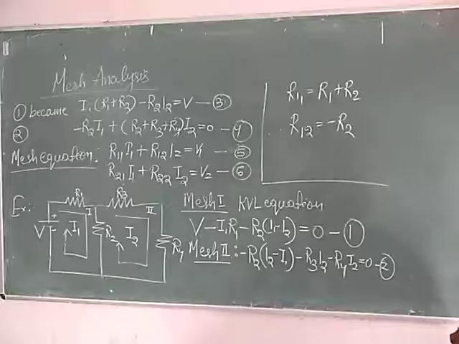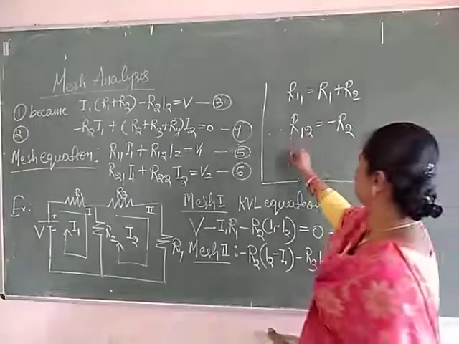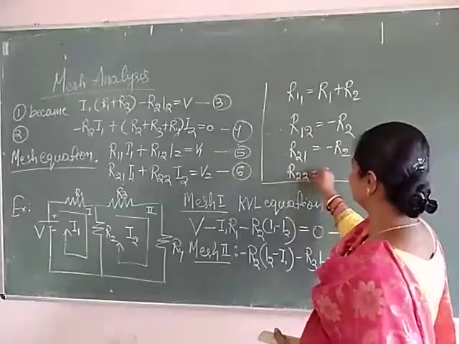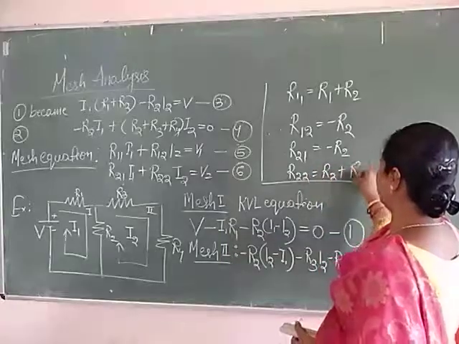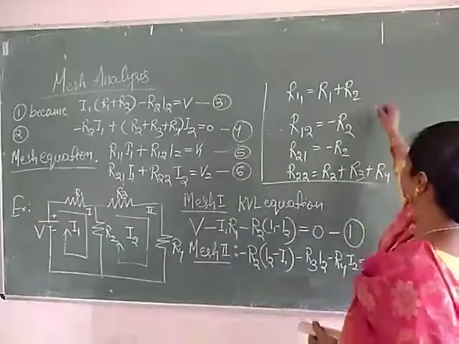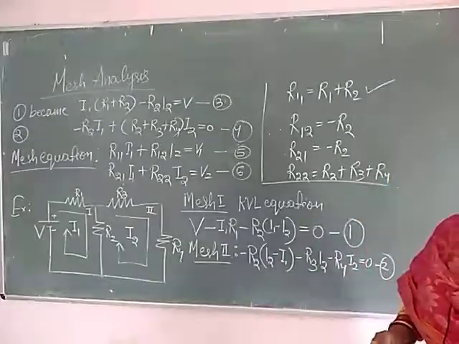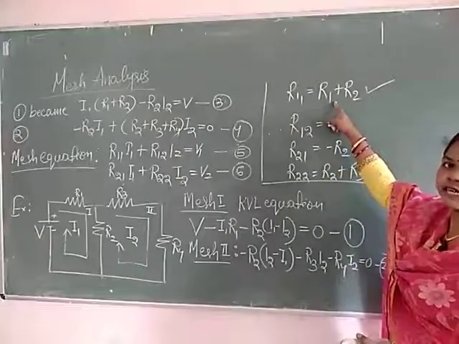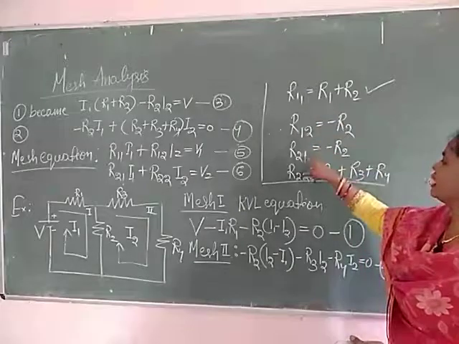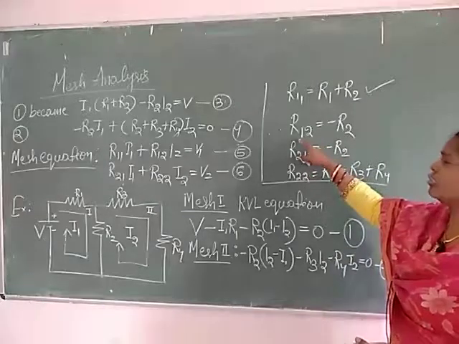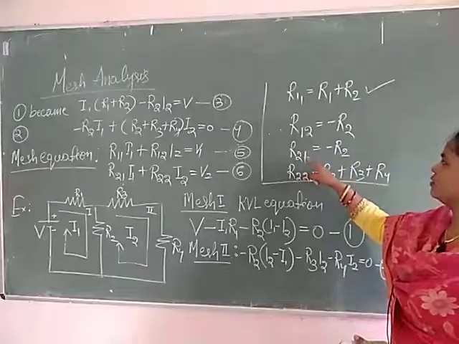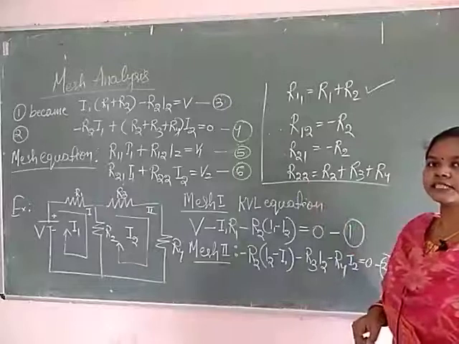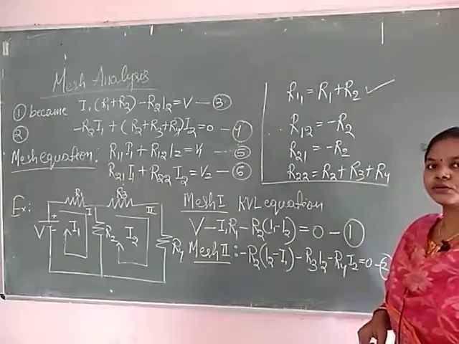Similarly, if you compare equation 4 with equation 6, you get R21 is minus R2 and R22 is R2 plus R3 plus R4. R11 is the sum of the resistance in loop 1. R12 and R21, mutual resistance between loop 1 and 2, and 2 and 1, which is minus R2. Then R22 is the sum of the resistance in mesh 2.